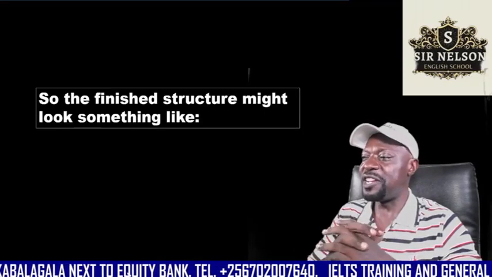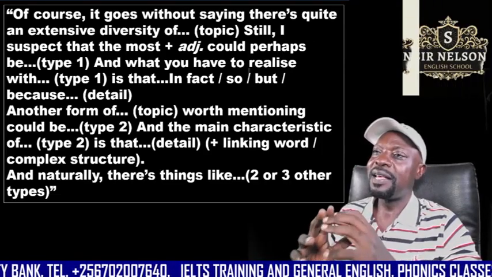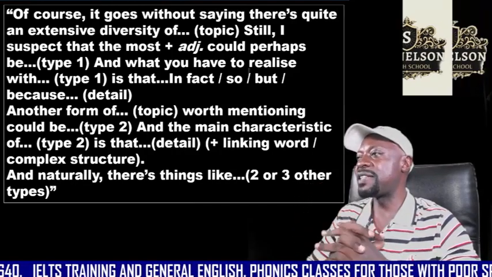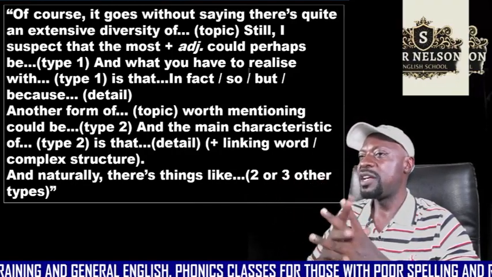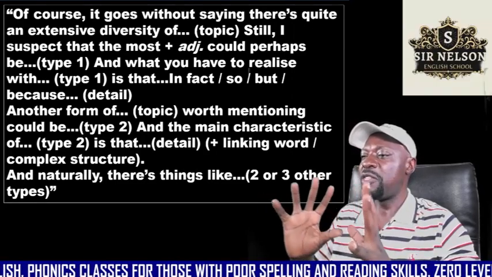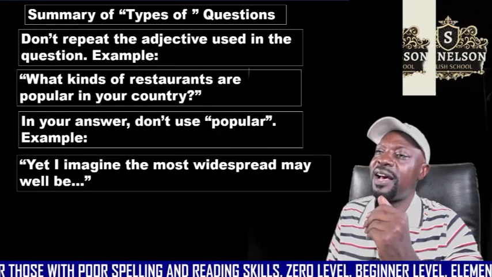So the finished structure might look something like, of course, it goes without saying that there is quite an extensive diversity of, put the topic. Still, I suspect that the most, put the adjective. Follow this structure, and then you produce the answer.